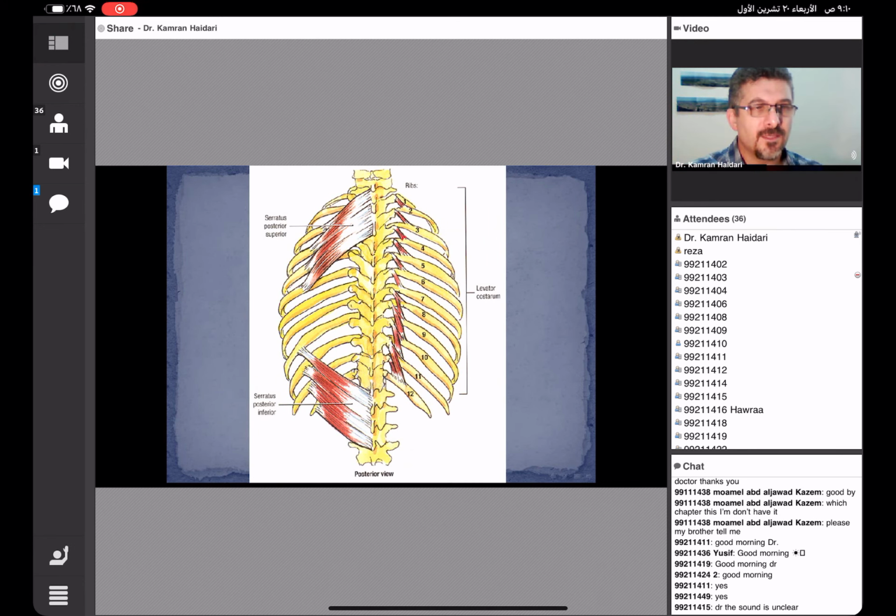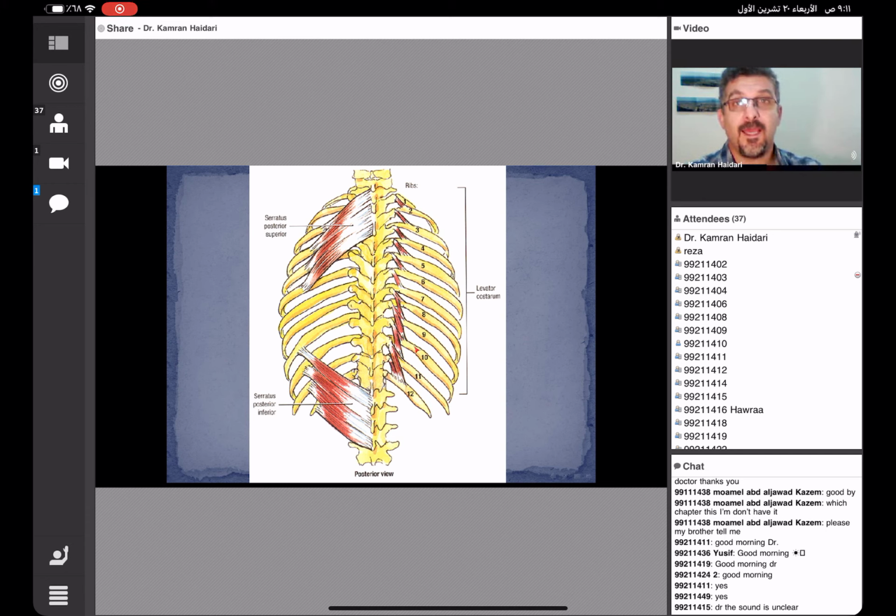We have 11 levator costarum muscles, but we don't have 11 subcostal muscles, because they are found only in the lower part of the thorax. Levator costarum is outside of the thorax, subcostal is inside the thorax.